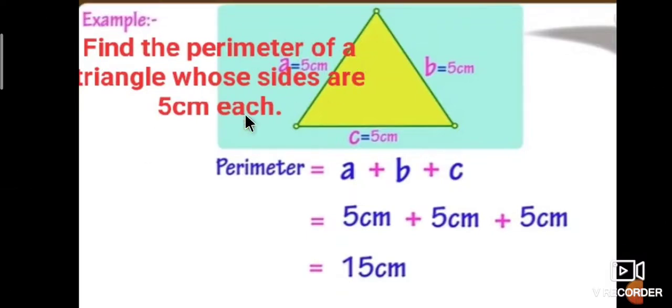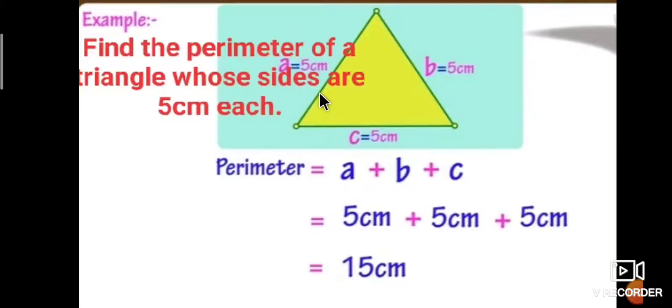Next: find the perimeter of a triangle whose sides are 5 centimeter each. It means, dear students, every side has length 5 centimeter, so it is an equilateral triangle.